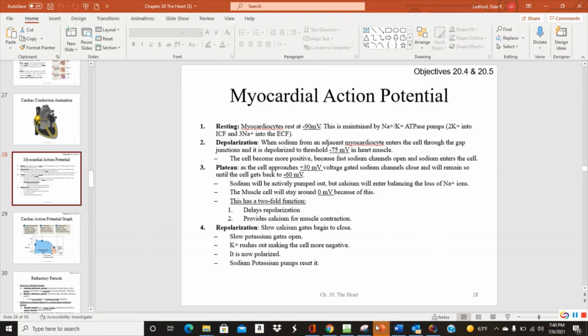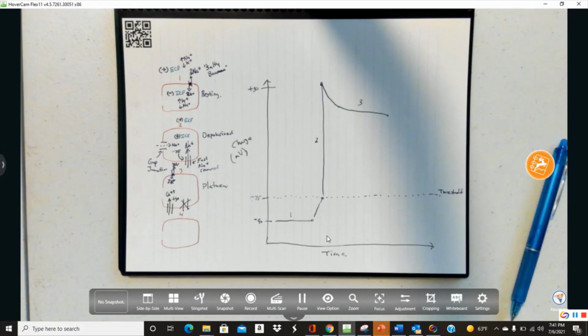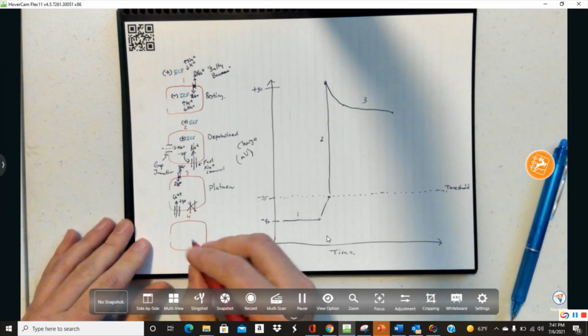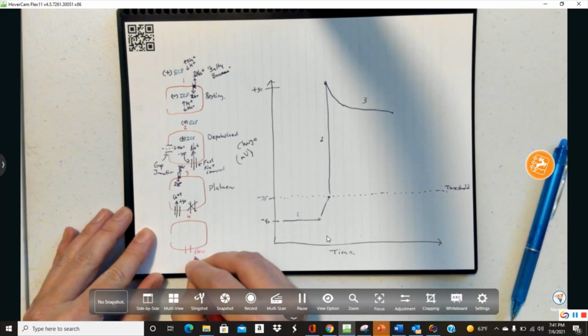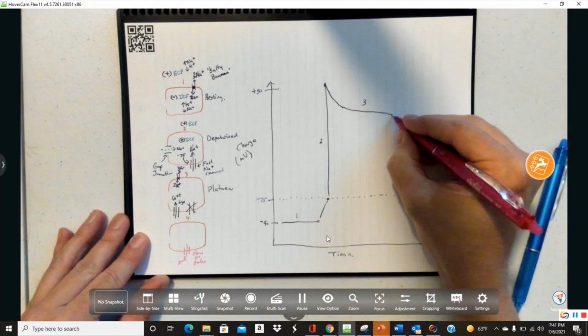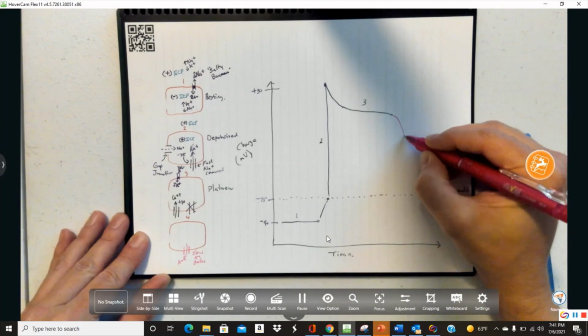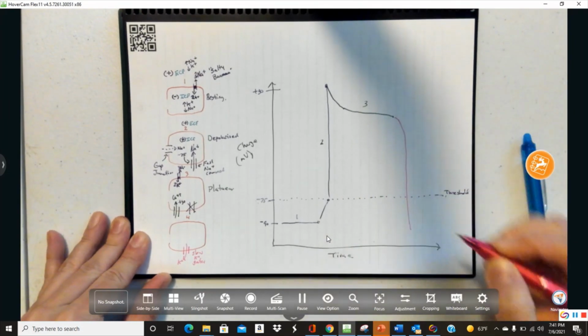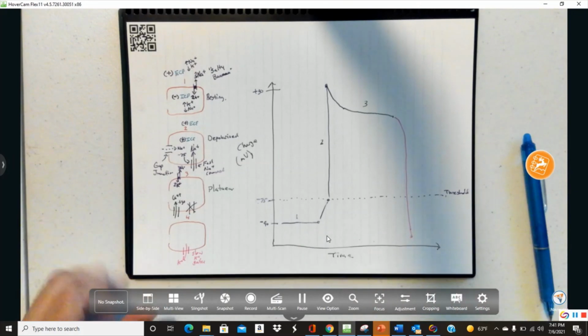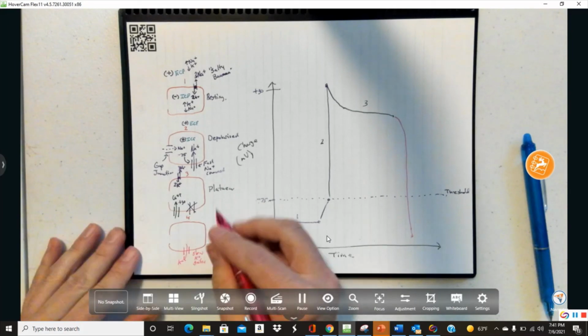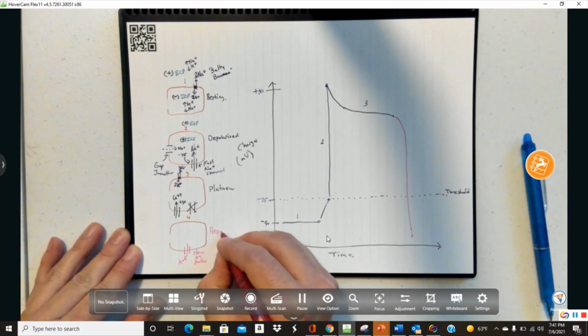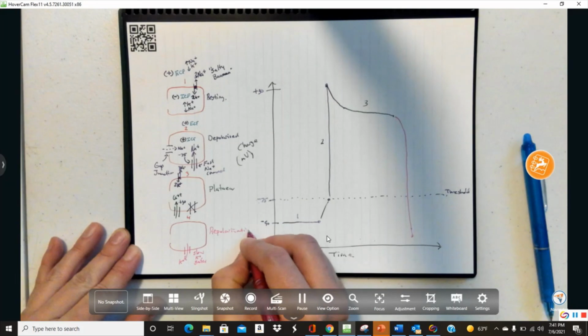I always use pink for potassium, so let's put them right here. Potassium is going to leave, K plus, and you're starting to make the cell plummet. It's going to go down there. And that is referred to as repolarization, because remember, it's getting negative again.